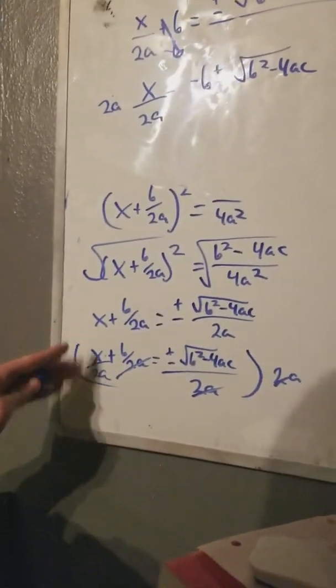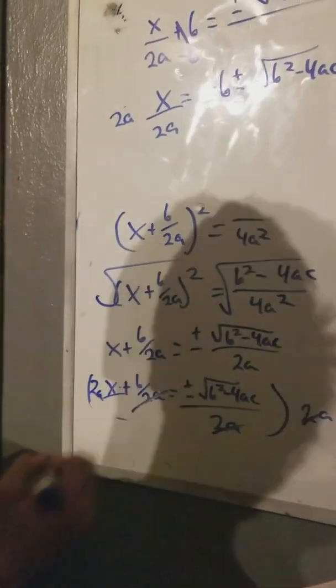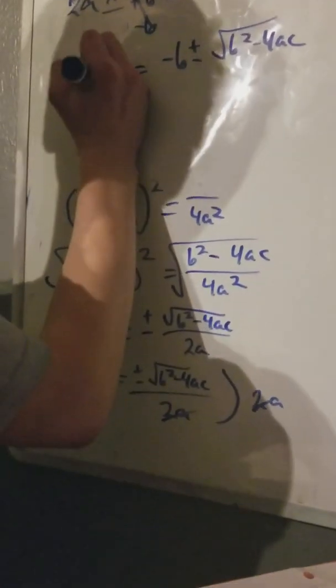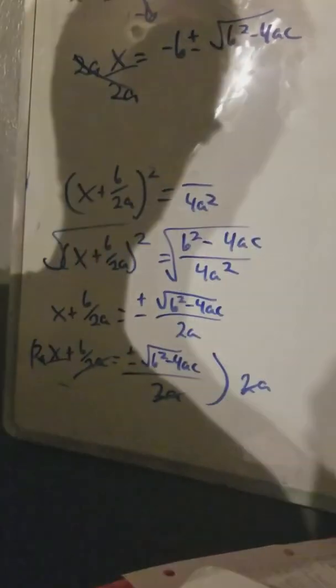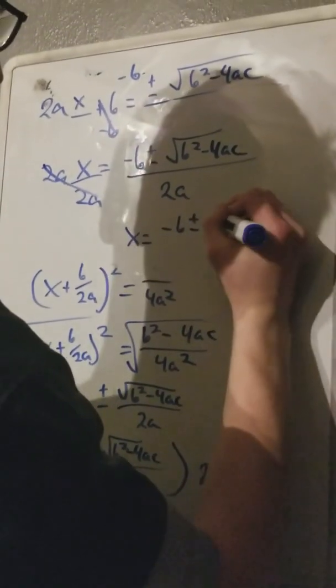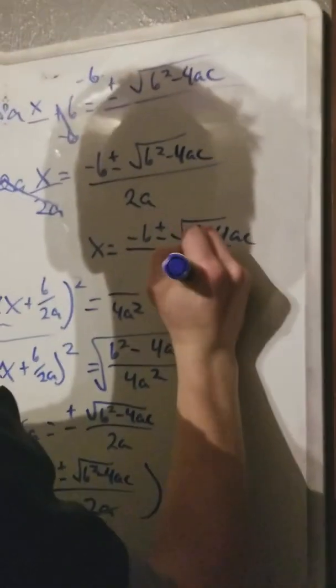Okay. I don't know why I did this. So this is actually 2ax. Okay, got a little bit carried away there. 2ax. Therefore, we're going to divide by 2a. There we go. Therefore, x equals negative b plus or minus the square root of b squared minus 4ac over 2a.